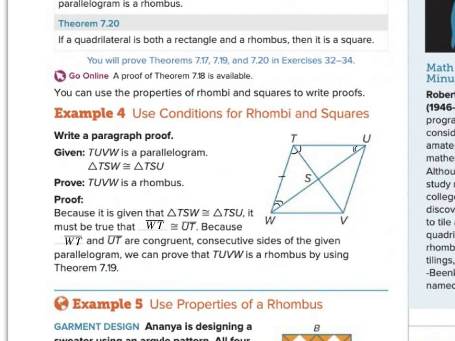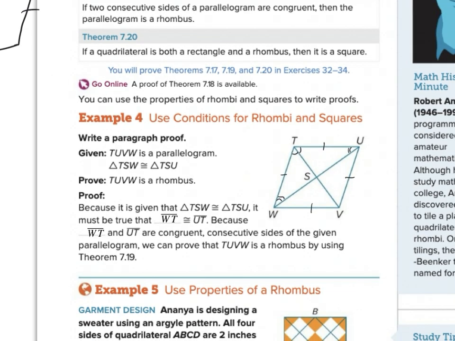They told me that those two triangles were congruent, so if they're congruent, then I know that. And then if it's a parallelogram, the opposite sides are going to be congruent. So now all four sides are the same length, so therefore I would have a rhombus. So I'm just trying to identify the information they give us and what helps us and what doesn't help us.